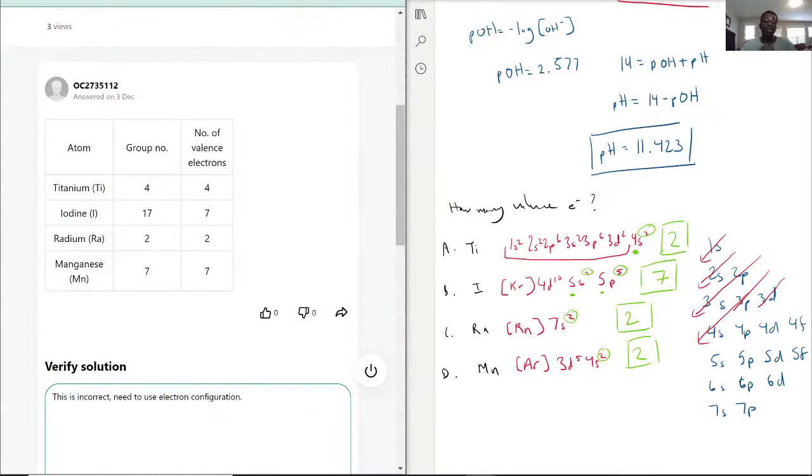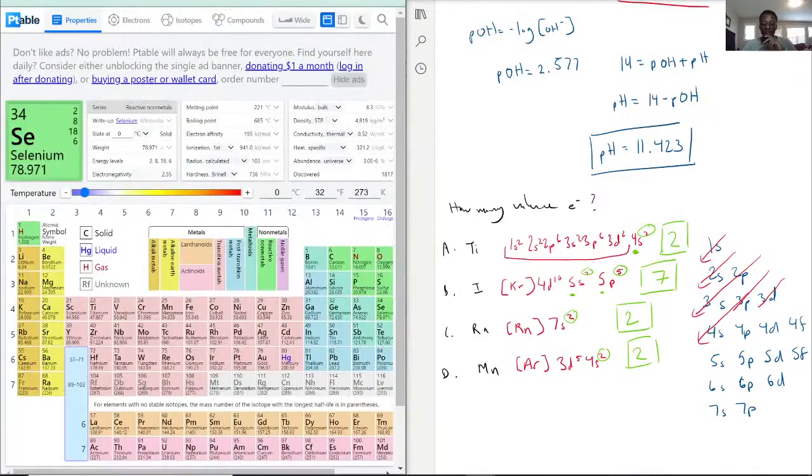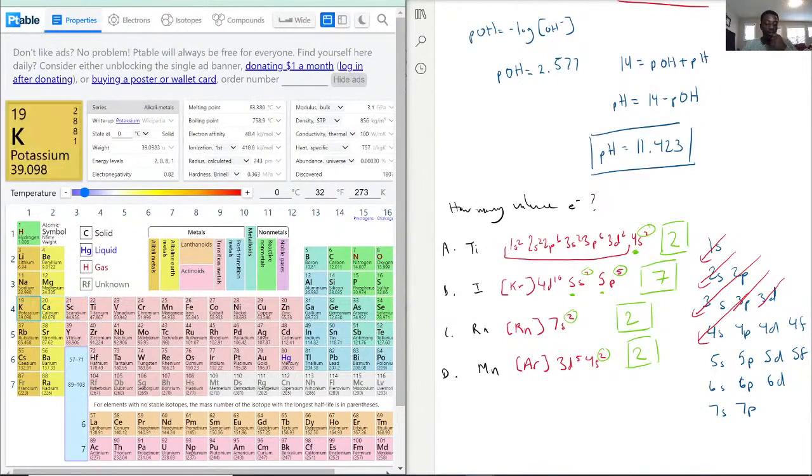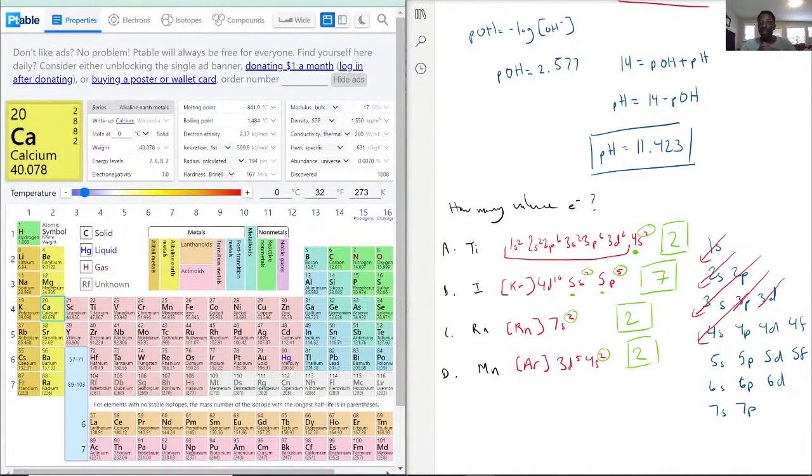And you're probably noticing a trend here, that it looks pretty straightforward that your transition metals would just be the valence electrons of whatever is out here in the first two columns. Most of the time, yes. But then you notice there are some exceptions, like chromium, for example.